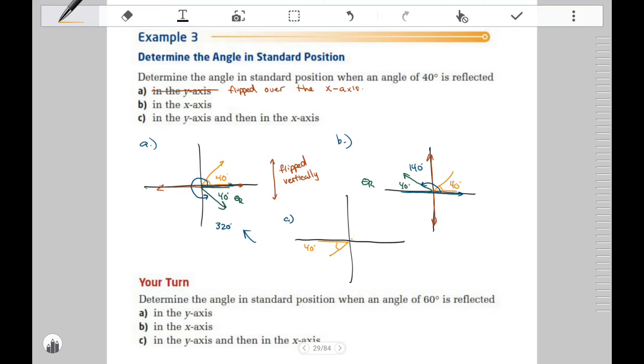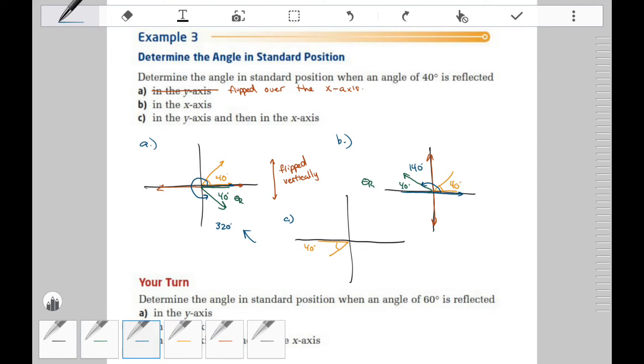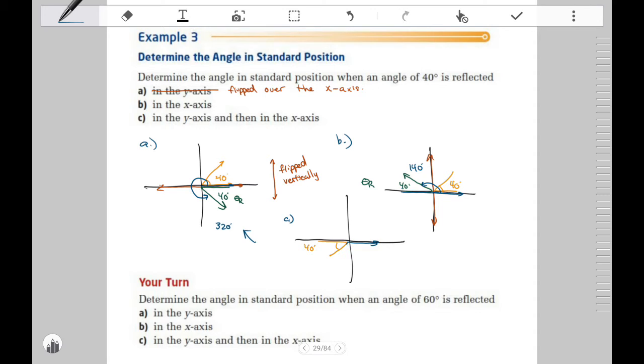It's been flipped from this point to here, and then flipped to here. Using this reference angle, we should add that with the 180 degrees. There's our initial arm, here's our terminal arm. We have 180 plus 40, which is giving us 220 degrees for that angle.